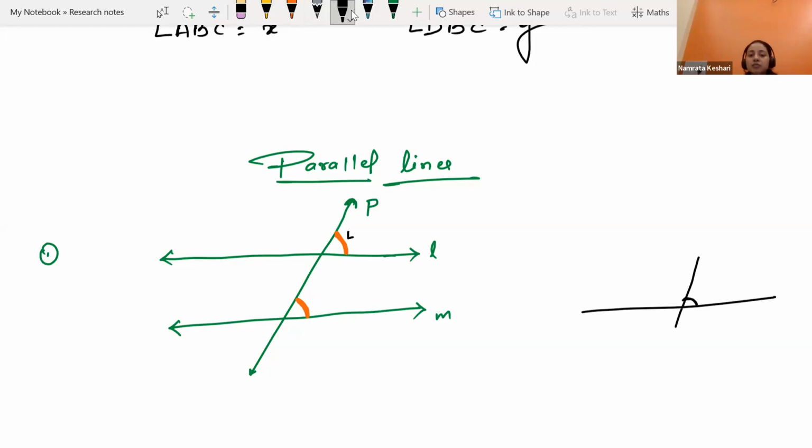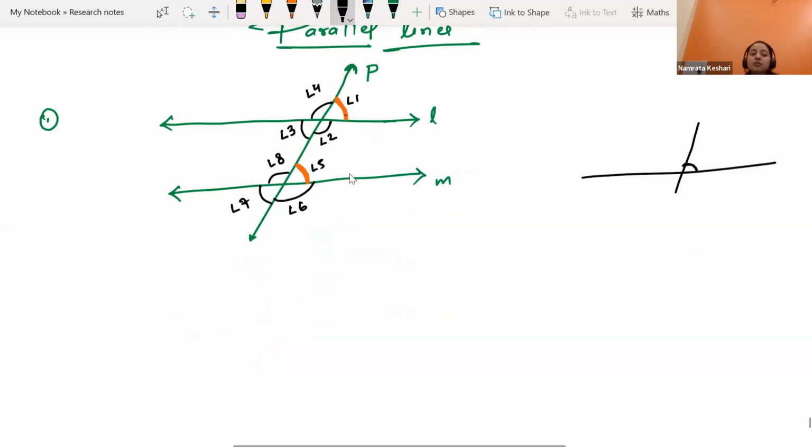So this is angle 1, this is angle 2, this is angle 3, this is angle 4, this is angle 5, this is 6, this is 7, and this is 8. We will call angle 1 and angle 5 a pair of corresponding angles. What else?